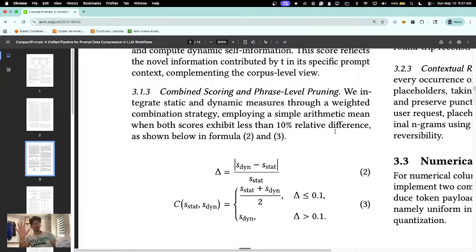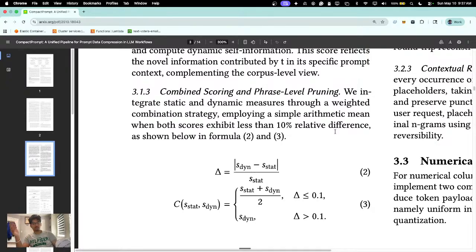Now, if that relative difference is under 10%, which is what they found through empirical observations, well then you can use the arithmetic mean of both scores. What this does is it finds the average of both scores, and this way you're able to reduce variances, right? Because both of these scores are going to have some noise in them, some random errors that occur just because of the computation.